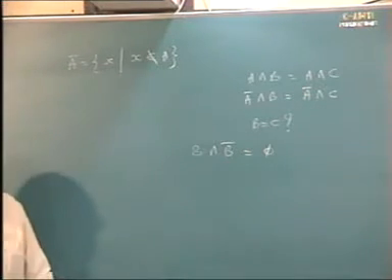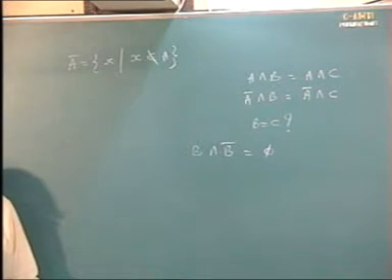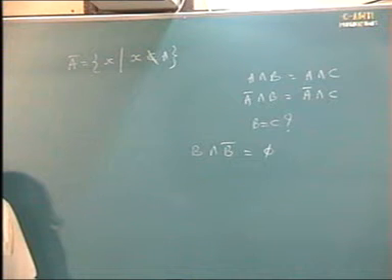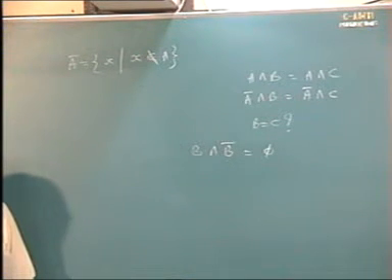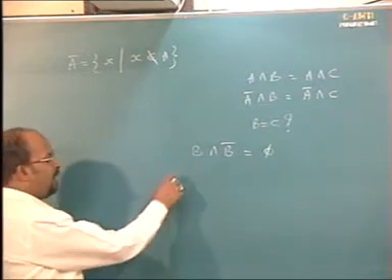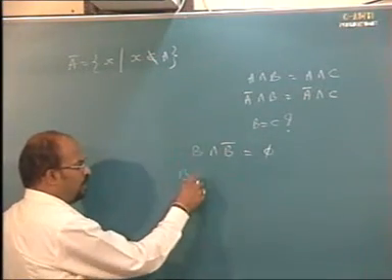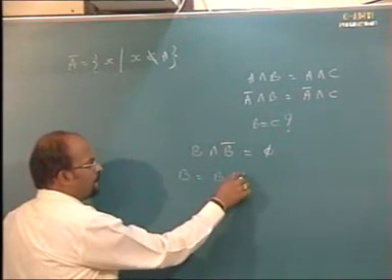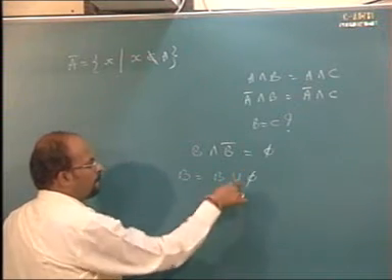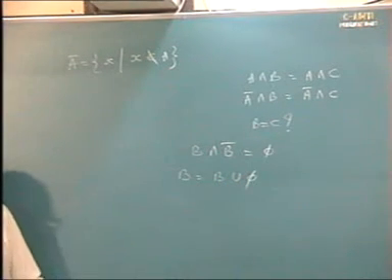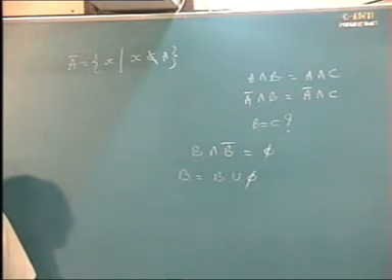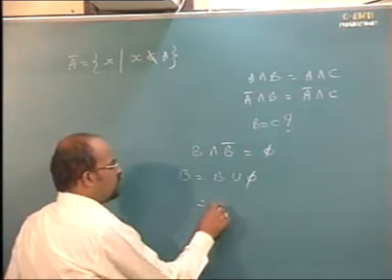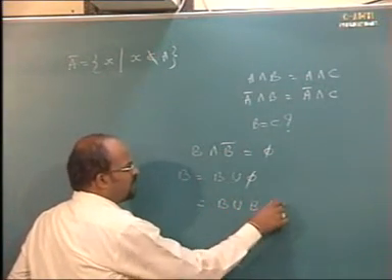Yes, a universal truth. A set and its complement cannot have anything in common. We can write B equal to B union phi, and in place of phi we can write that. So it is B union B intersection B complement.